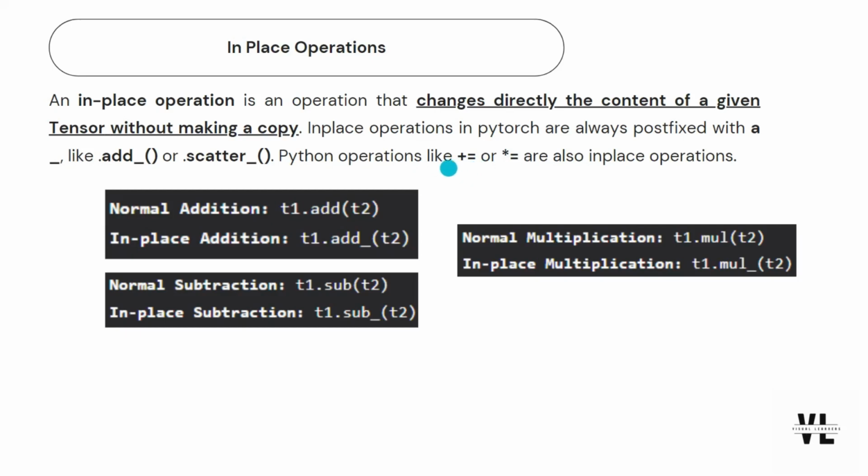This is basically replacing the elements of the first tensor by the output of this operation. The subtraction and multiplication operations are also the same, and for all of the operations that we have mentioned before, if you just put an underscore on each of the built-in methods, remember that it's going to be an in-place operation, and the first tensor will not be preserved and a copy will not be kept.